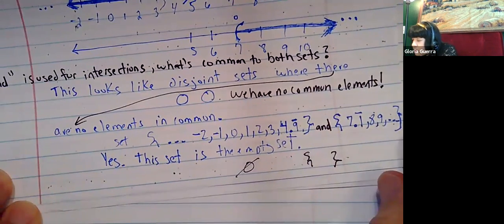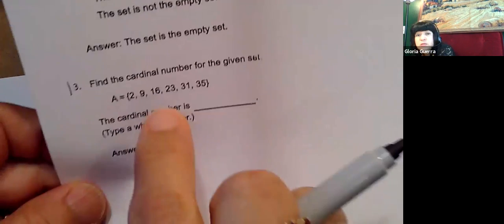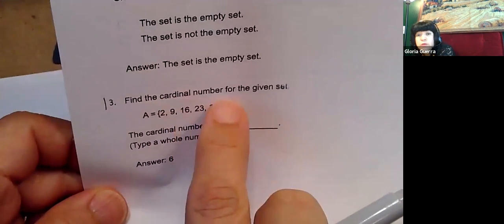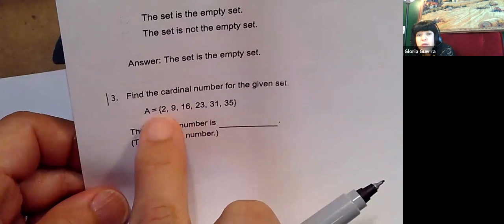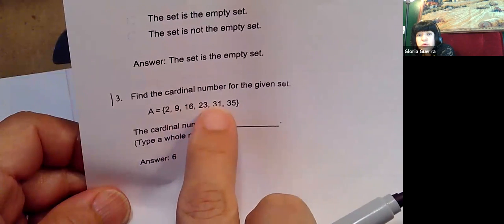All right. Okay, so let's go to the next problem. Number 13 says, find the cardinal number for the given set. A equals 2, 9, 16, 23, 31, 35.